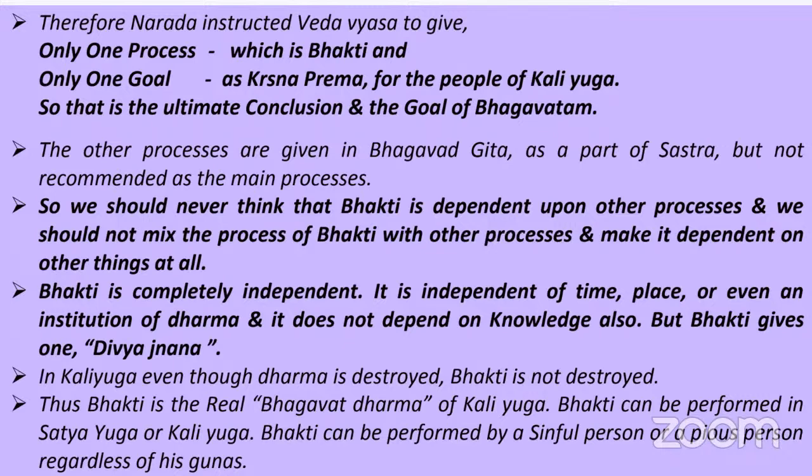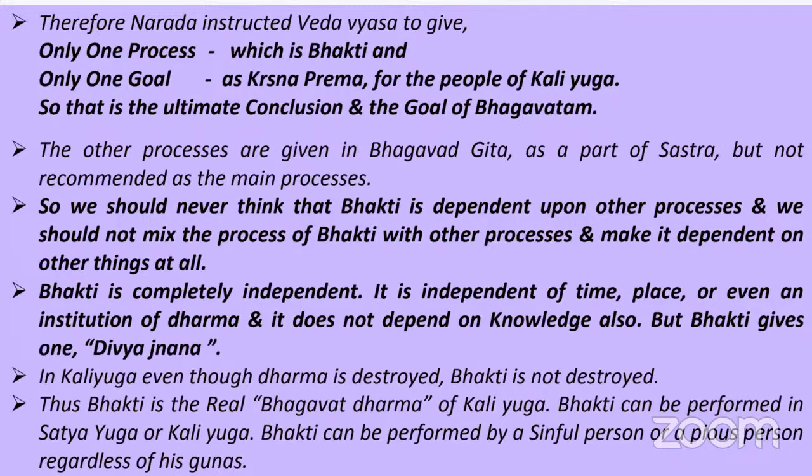As a part of Shastra, Krishna speaks to Arjuna in the 3rd chapter, 4th chapter, about other processes. Okay, take up Karma Yoga, Jnana Yoga. But at last he's not recommending Karma Yoga, Jnana Yoga as a main process.